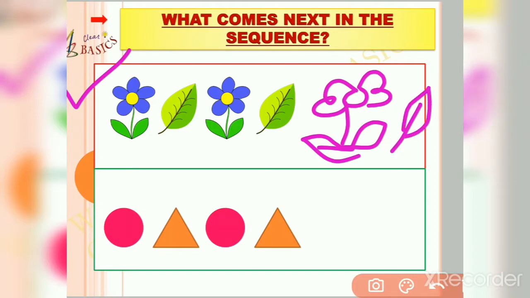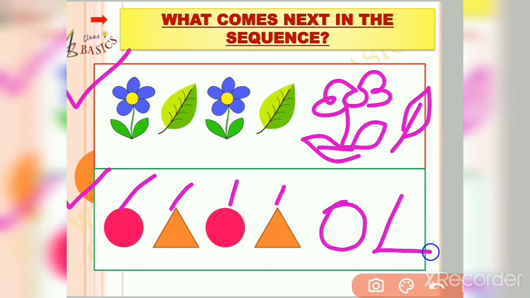Next we have a series of circle and triangle. Circle, triangle, circle, triangle. So friends, can you tell me what will come next in this series? Yes, you are correct. The answer to the given sequence is circle and then a triangle.